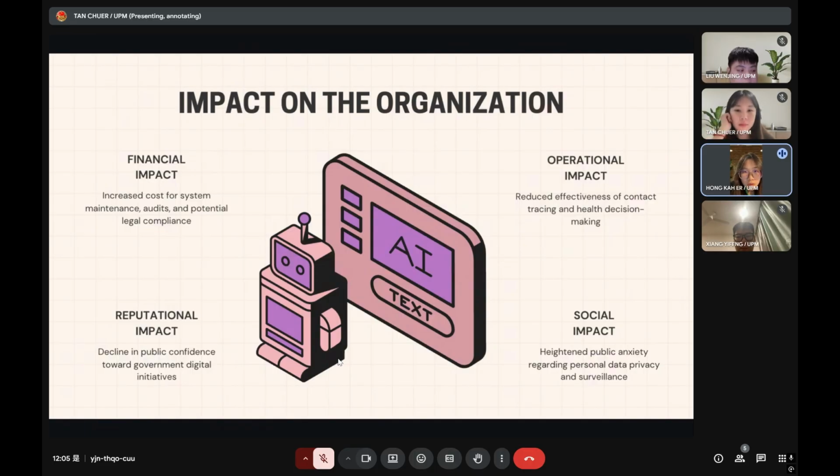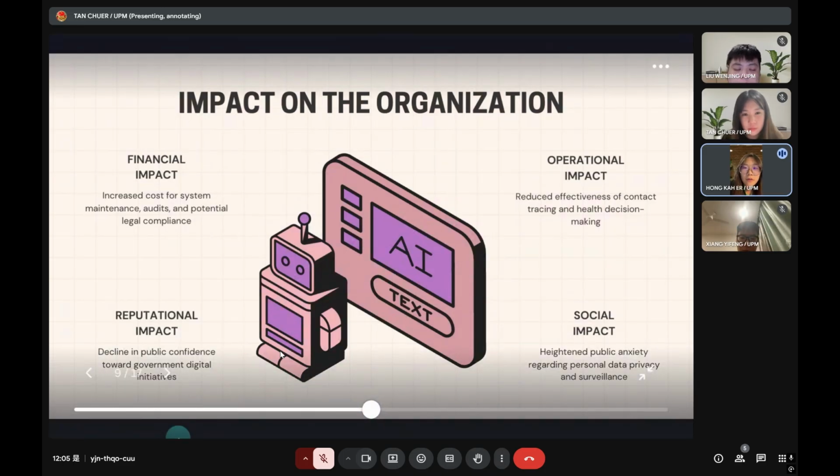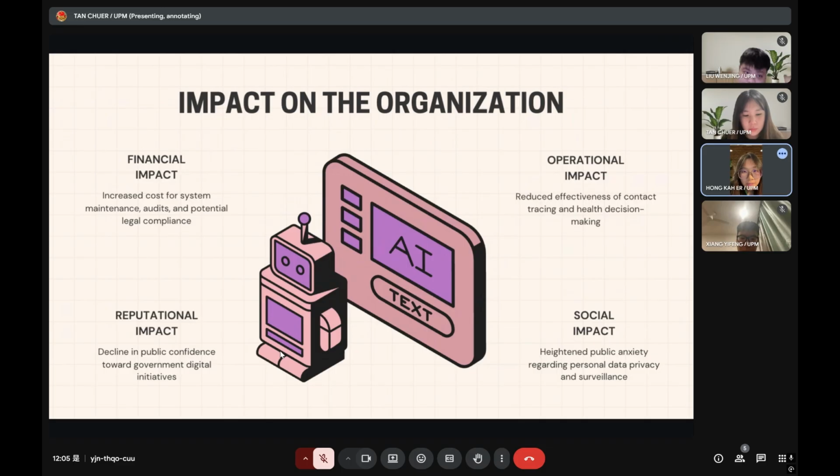Second, operationally, because of the data issues, things like contact tracing became less effective. And lastly, socially and ethically, it created a lot of public anxiety because people started feeling like their sensitive personal health data wasn't being protected or they were being monitored without clear reasons.